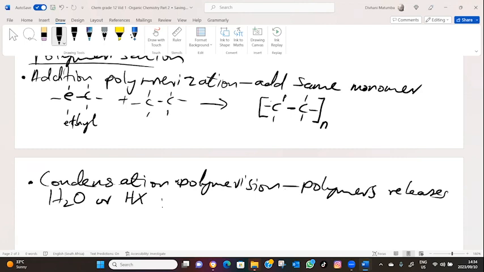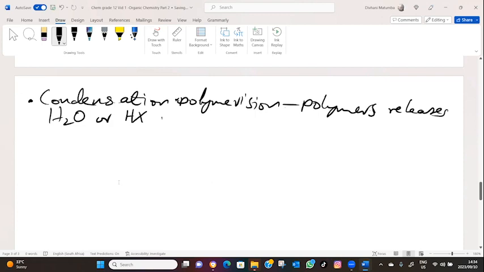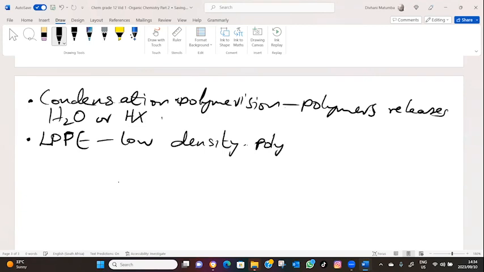Now, if you go and check on some of the plastic packaging, there is these two symbols that you will see. LDPE. It stands for low density polyethylene.